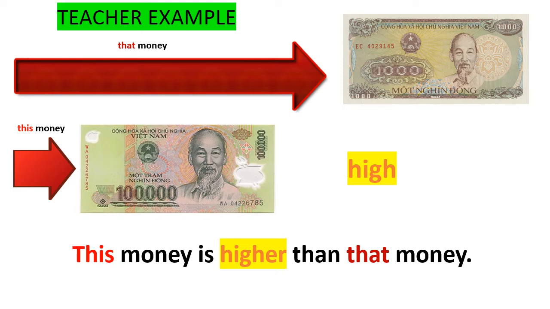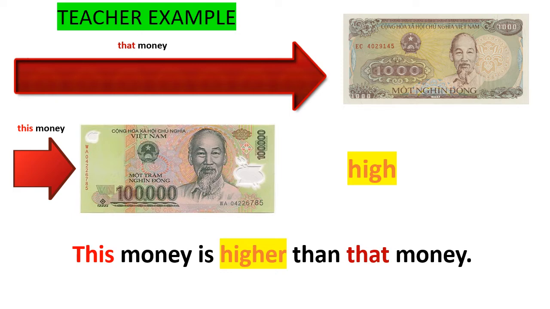And then here we have a short arrow, which represents something close to me. This red arrow, long, means far. This red short arrow is close. So because it's close, we say this money. We're talking about one thing here, and that is money.